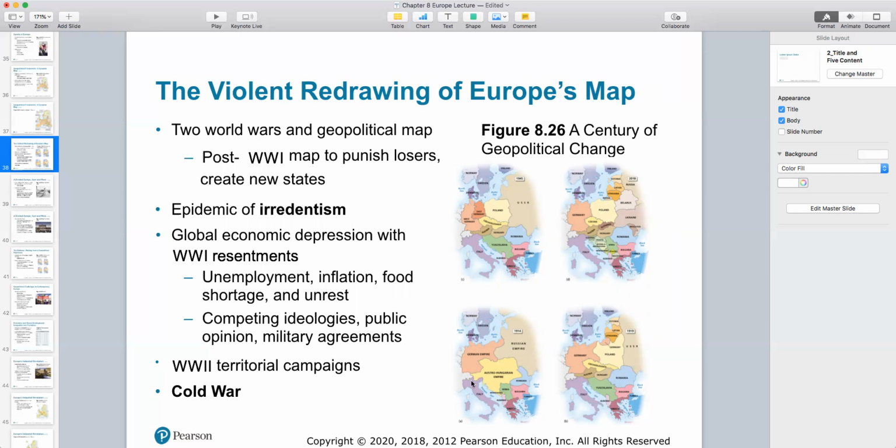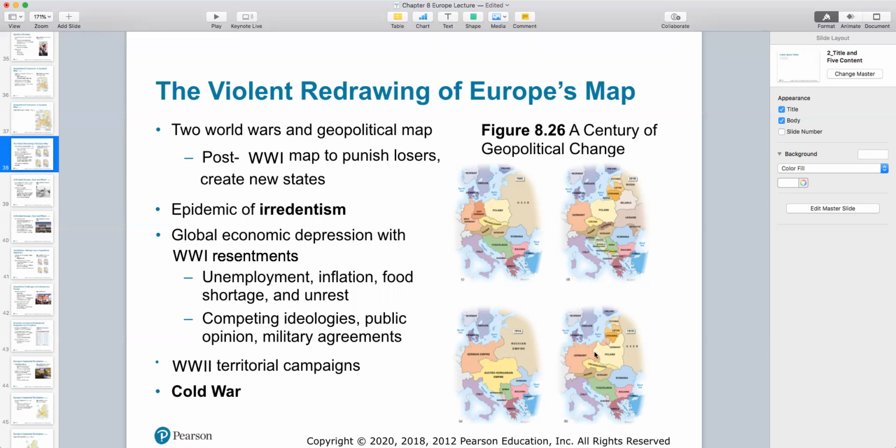I should have mentioned also that the Russian Empire took up a part of the European area as well.